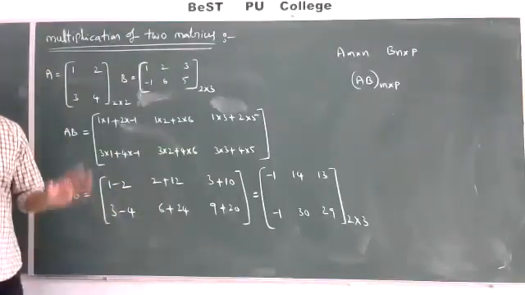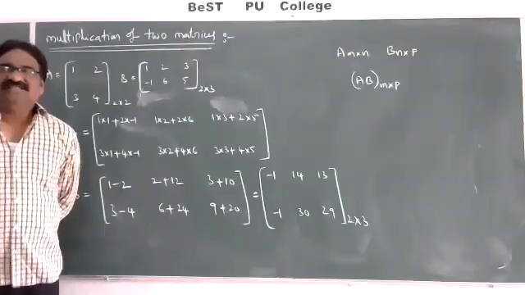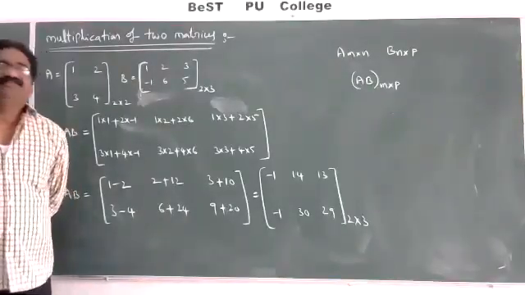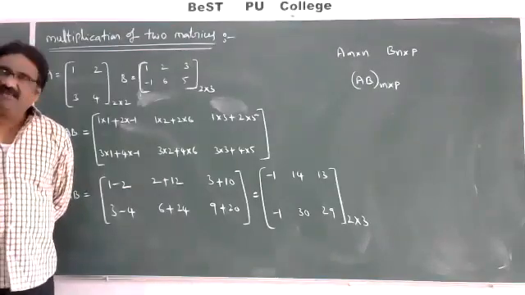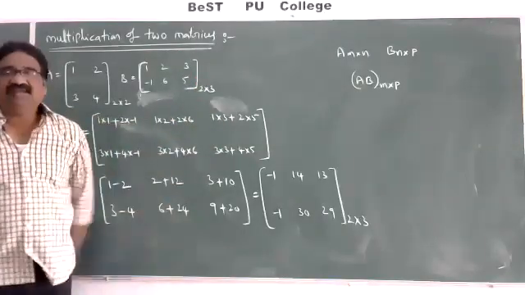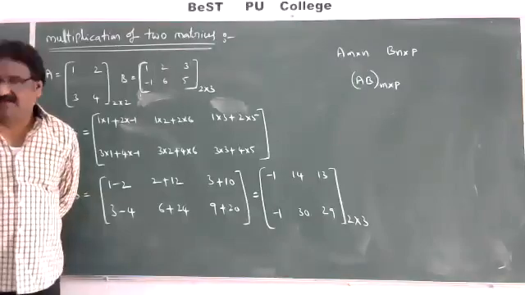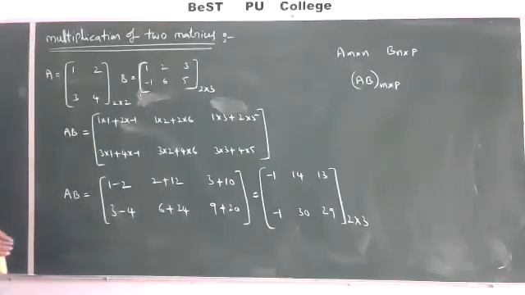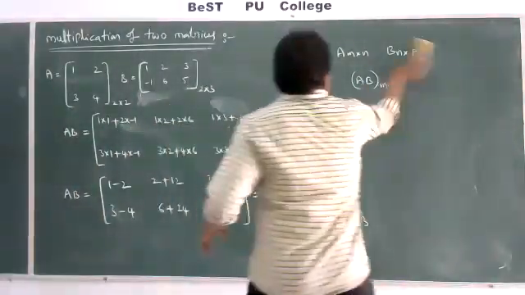That means A is any matrix of order m by n, that is A equals Aij, m by n. B is any matrix of order, sorry, n by p, that is Bjk. That is the theoretical definition.